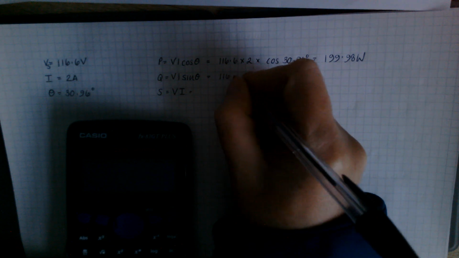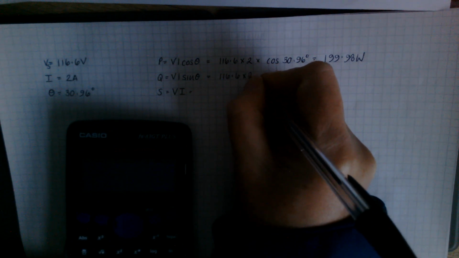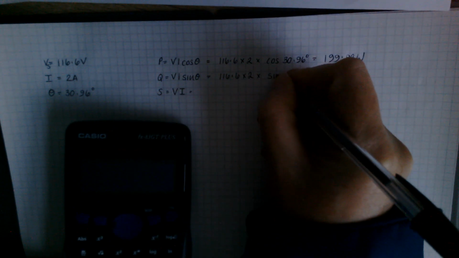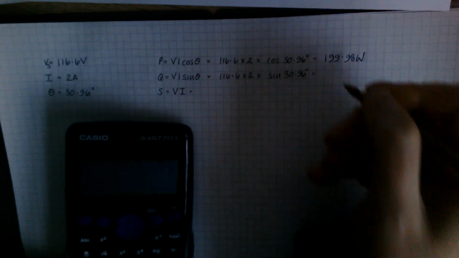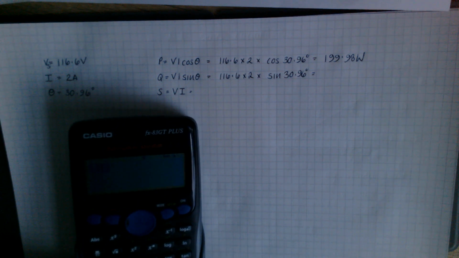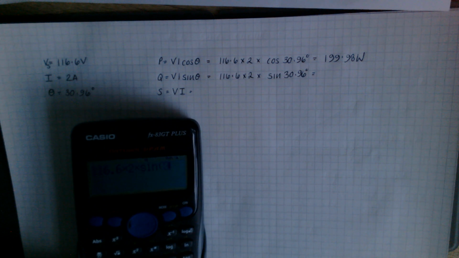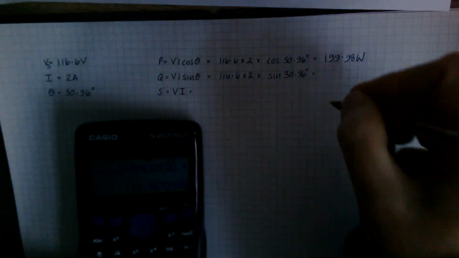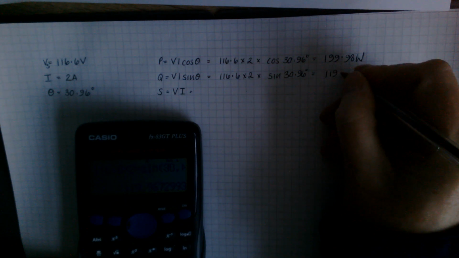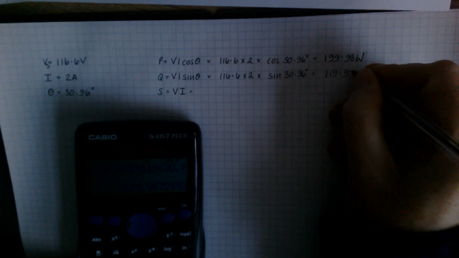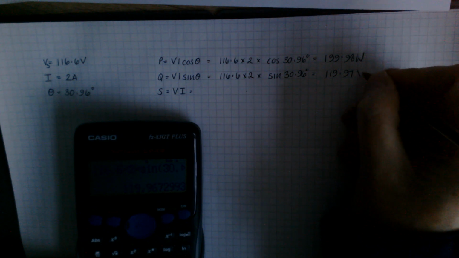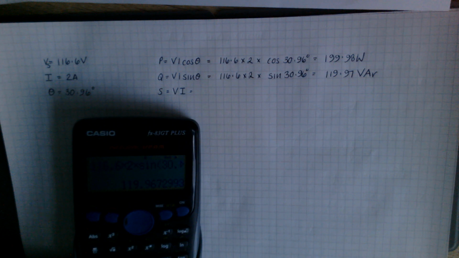The same V, the same I, but this time it's sine of the same angle. So 116.6 times 2 times sine of 30.96. And that's 119.97. Now Q isn't measured in watts, it's measured in volt-amps reactive, VAR.